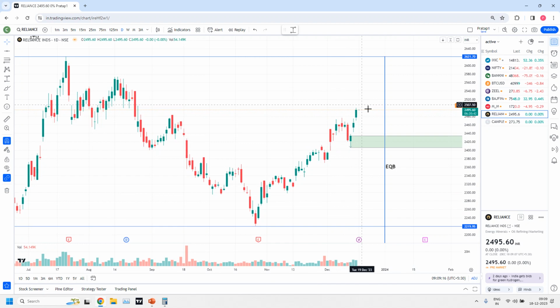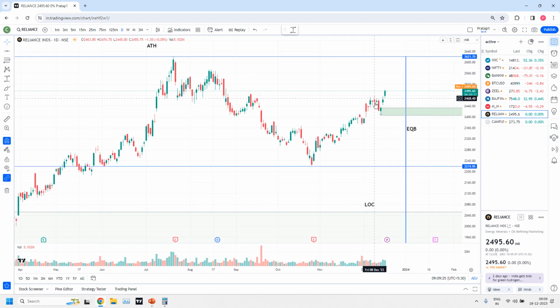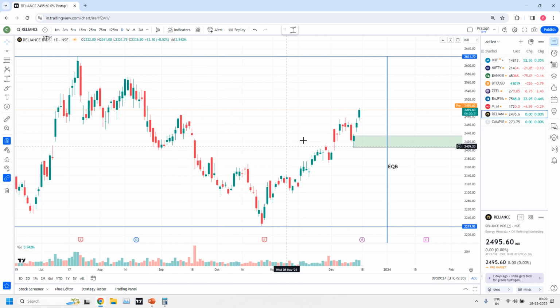Okay. In case this zone is your buying zone, then what is your target? For that you should identify the immediately available supply zone. Is there any supply zone on the daily time frame available? So start from here, go a little above this area, you may find here you have an ERC candle, and then you have 3 base candles, and then you have a drop candle.